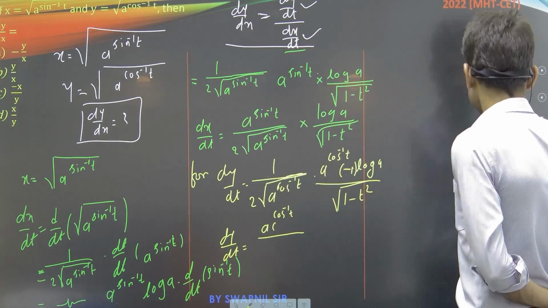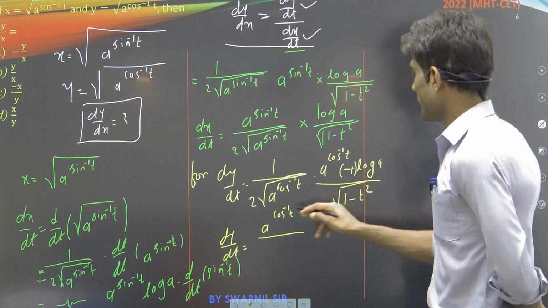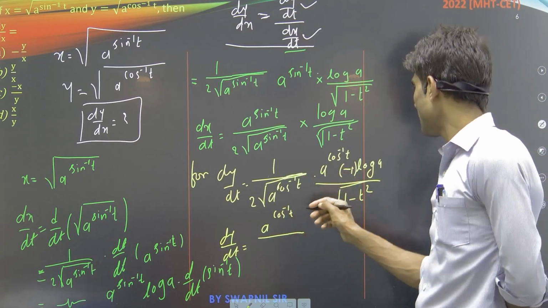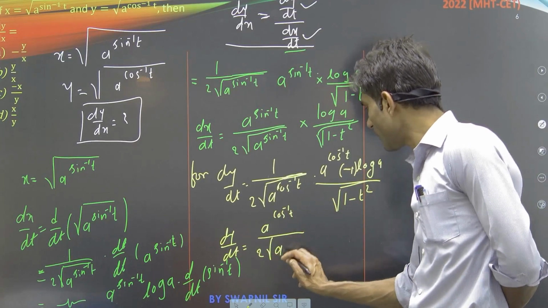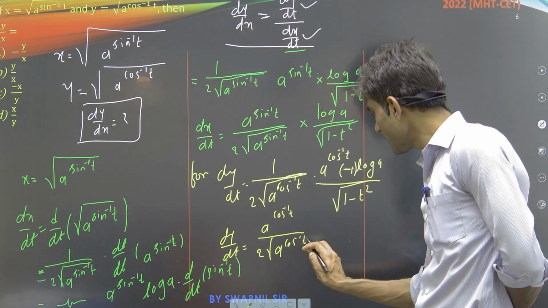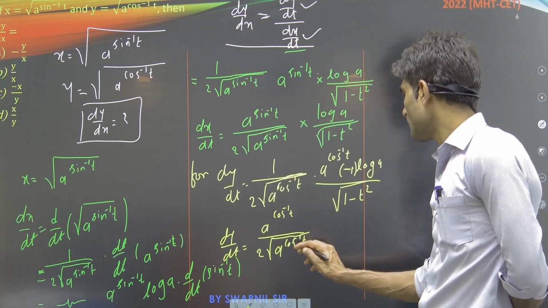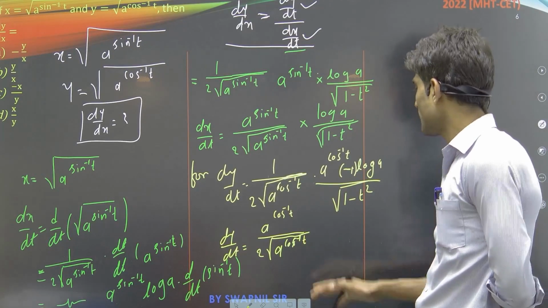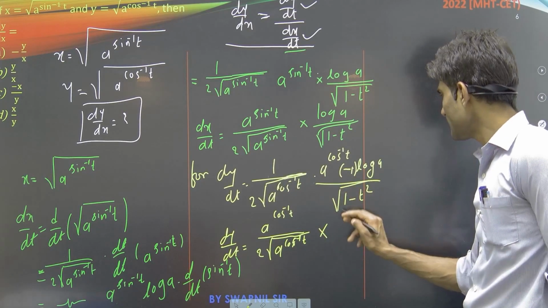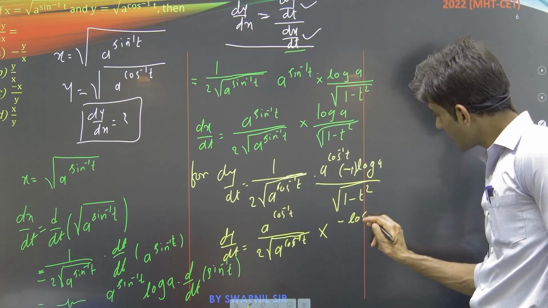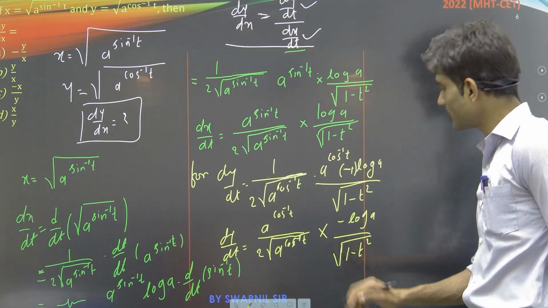This bracket is complete here. Then, multiplied by minus log of a, divided by square root of 1 minus t square. This one is our next step.